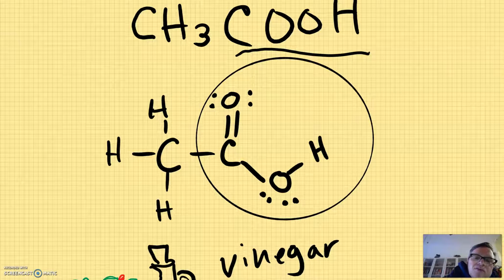Carbon double bonded to one oxygen and then single bonded to a second oxygen, which is in turn bonded to a hydrogen. So in effect, this is an aldehyde group, a double bonded oxygen on the end, and a hydroxyl group combined.